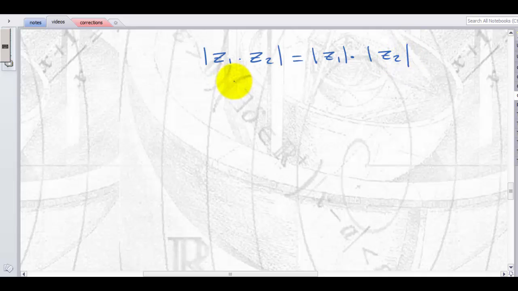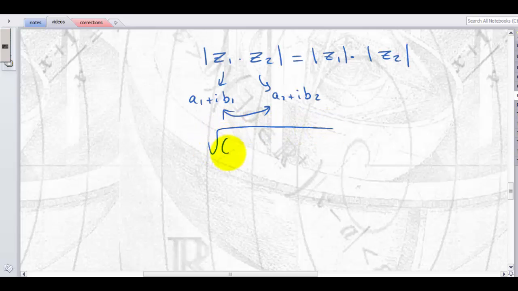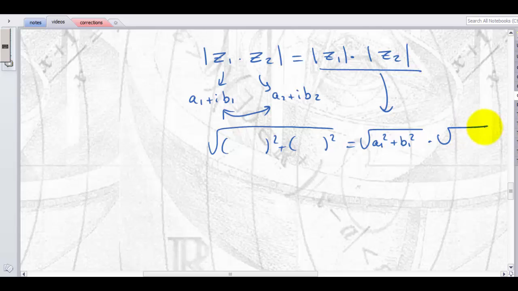To show that, you would need to take two complex numbers, a1 plus i b1 and a2 plus i b2, and multiply them together. You'll find something, and you will have to show that the real part squared plus the imaginary part squared is going to be equal to the modulus of z1, which is the square root of a1 squared plus b1 squared, times the square root of a2 squared plus b2 squared.